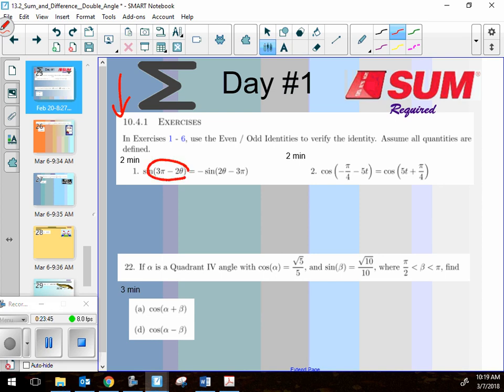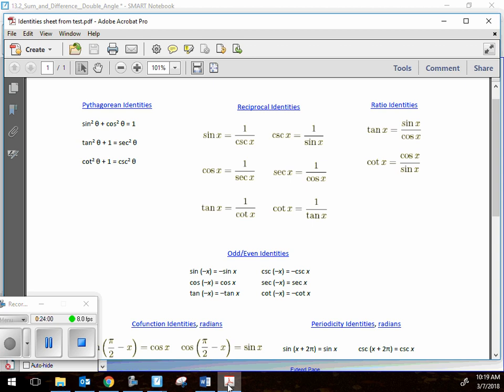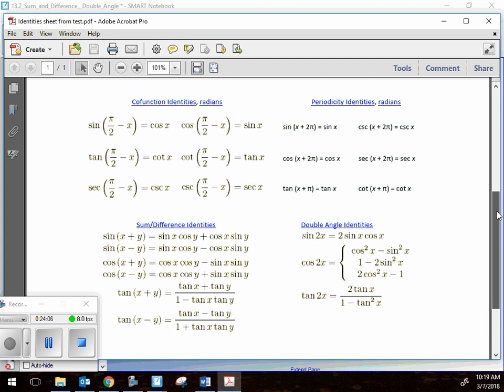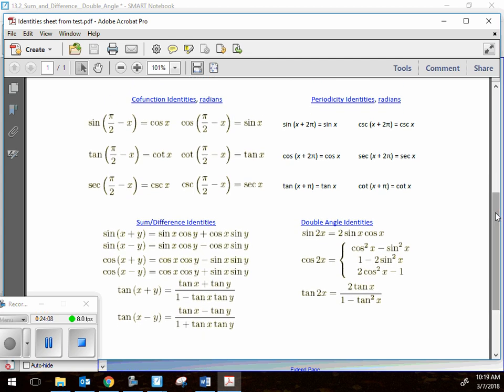Sine of 3 pi minus 2 theta. If I go onto my sheet, I've got to find one where I have sine of something being subtracted. I'm going to look on my sheet for sine of something being subtracted. Ooh, that's something being subtracted. Maybe that's the one I should use.